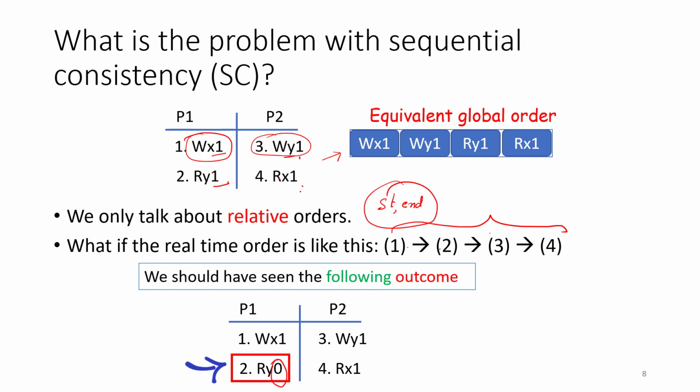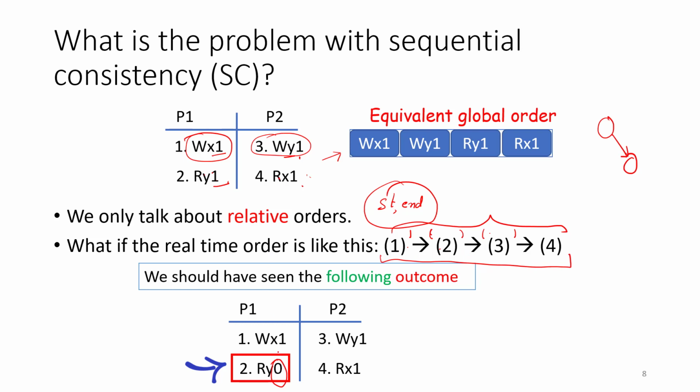So in this case, what you will see is that even though this execution is sequentially consistent, it is not really consistent with the wall clock order, because here we are only talking of relative orders. First this operation, then this. It has nothing to do with real time. But the moment you bring in real time, and if this was indeed the real time order, where operation 1 stopped, operation 2 began, operation 2 stopped, operation 3 began, and so on and so forth, you will see that the outcome will not be this.